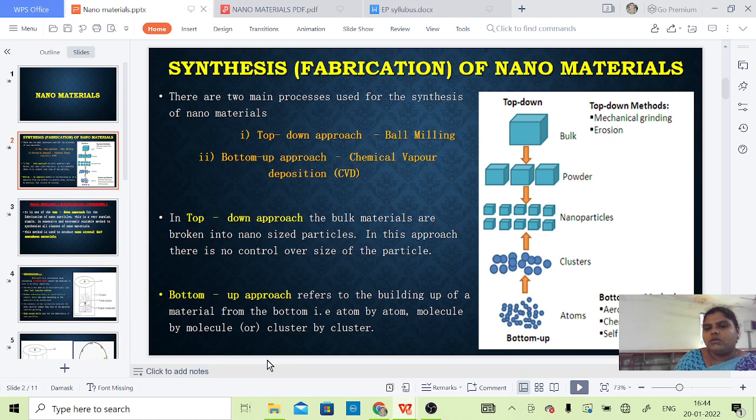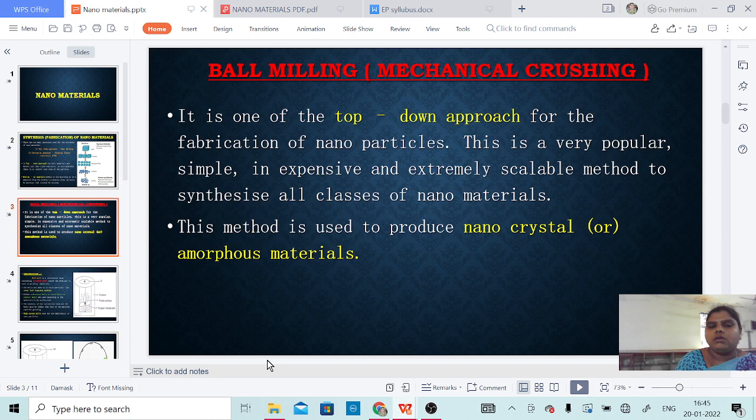Bottom-up is atoms to clusters, clusters to nanoparticles. So in the top-down approach, we are reducing the size into nano. In the bottom-up approach, we are combining all the atoms and clusters to form nanomaterials, to the nano scale range.